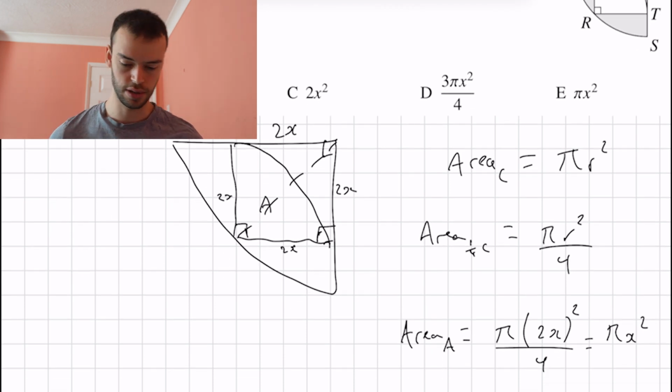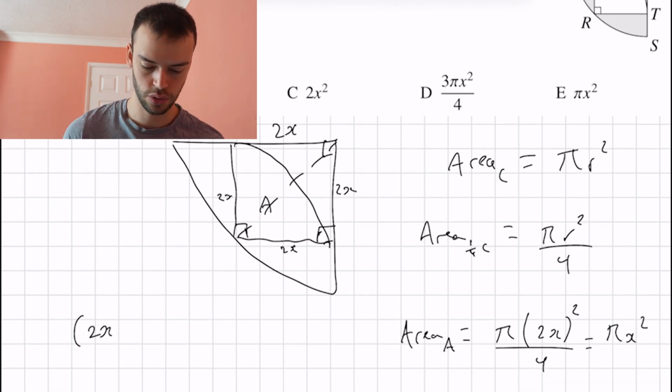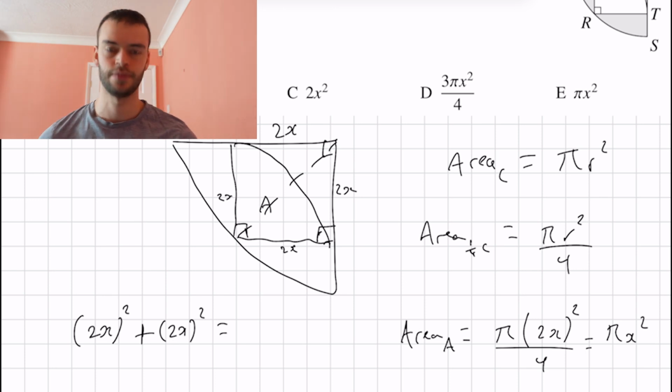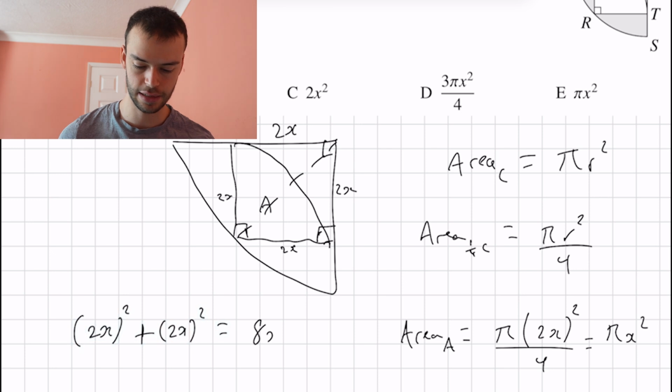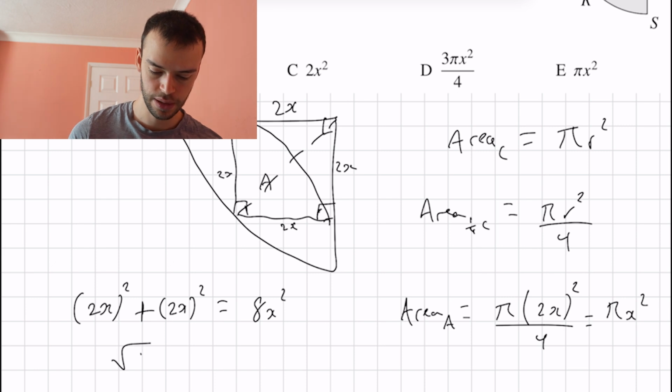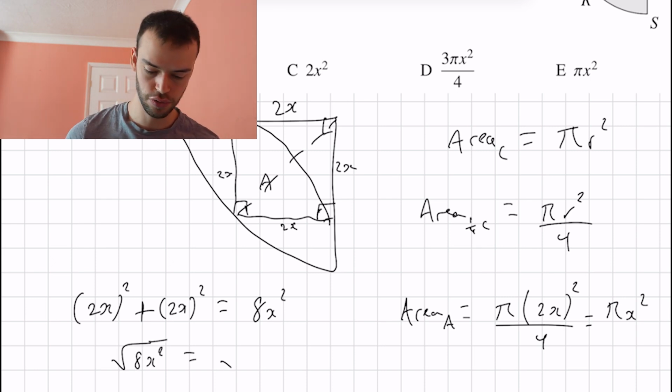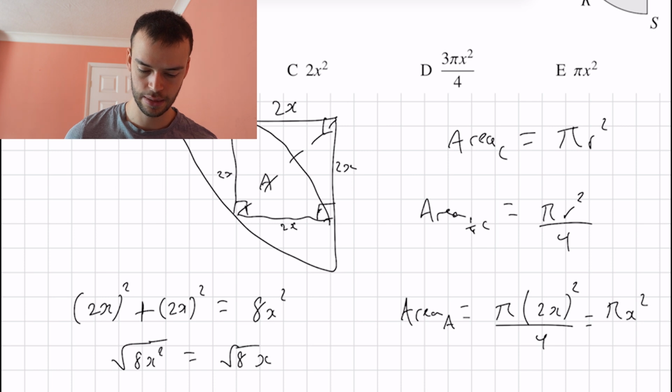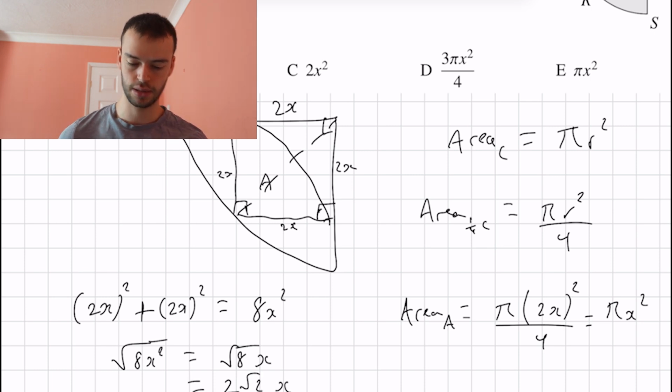So 2x squared plus 2x squared. 2x squared is 4x squared. Add those together, we get 8x squared. Then we just need to take the square root of that value. The square root of 8x squared simplifies to root 8 x. And if we want, we can convert that to 2 root 2 x.